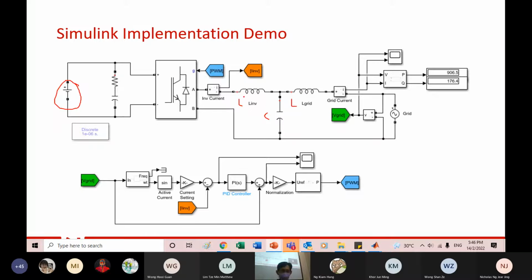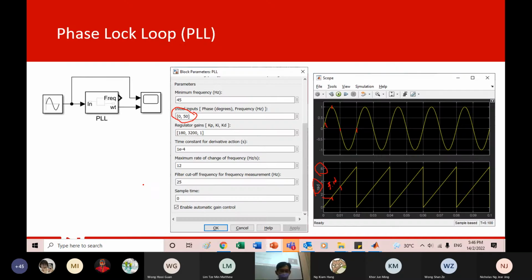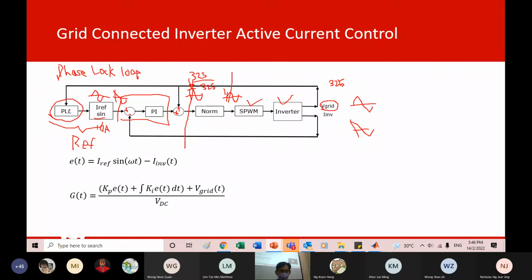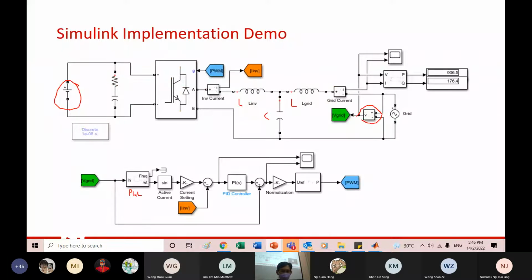And then remember we have this wattage feedback. The V grid, we take it from the grid. The V grid comes into the PLL. This is the PLL. So it's the same like this one, it comes into the PLL. The PLL output goes to the sine function, so it converts the phase to the sine.